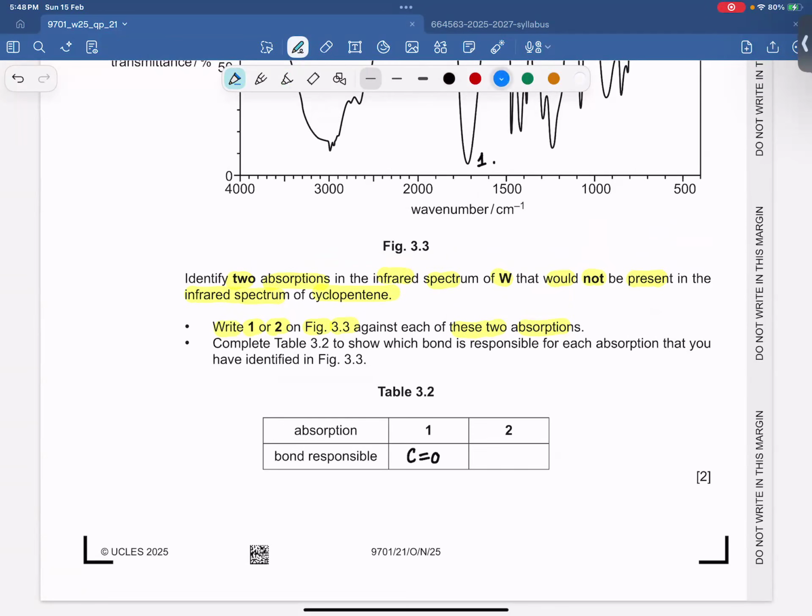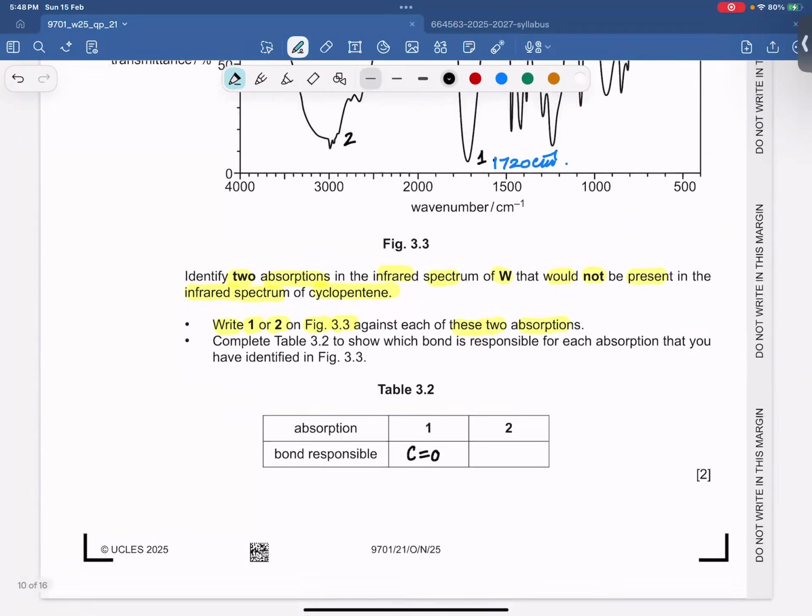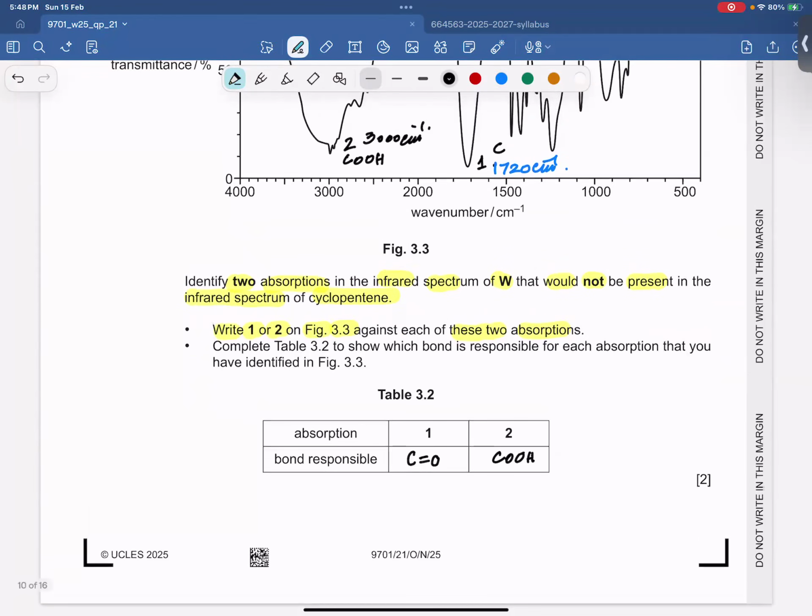Okay, and that represents 1720 centimeter inverse. This is going to be 2, and that is O-H, very broad peak at 3000 centimeter inverse. Okay.